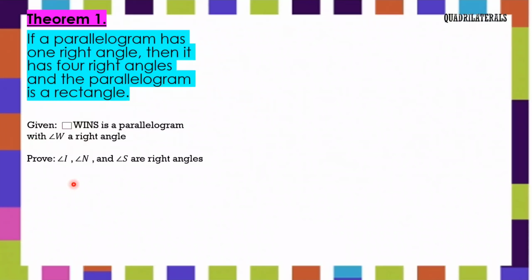And we need to prove that angle I, angle N, and angle S are right angles. So, let's consider this given figure. So, given ang angle W ay right angle, this is a parallelogram. So, we need to prove na itong angle na to, angle I, angle N, and angle S are also right angle. So, let's have the proof.